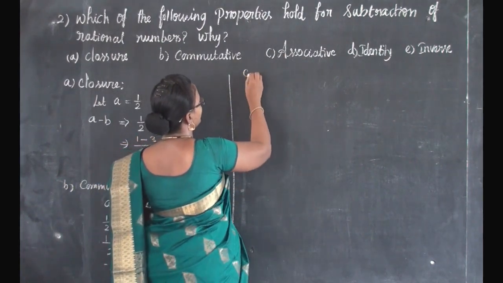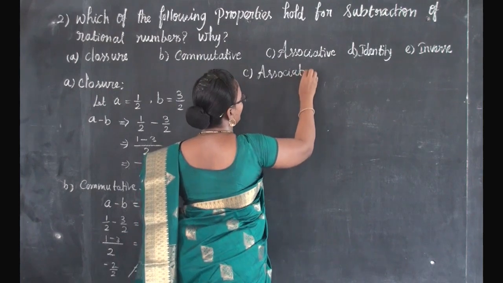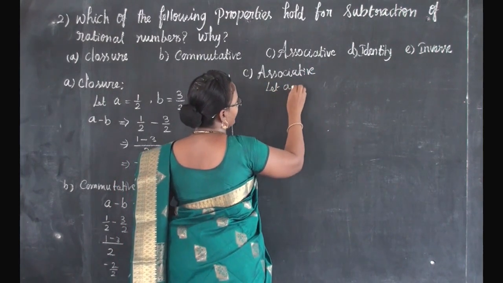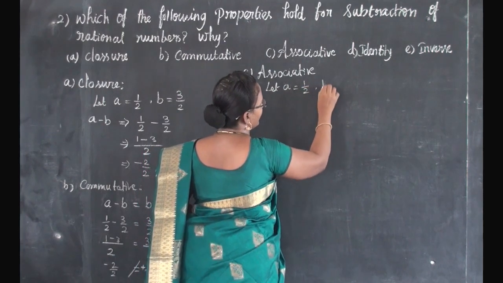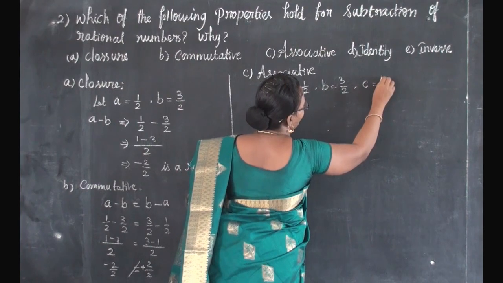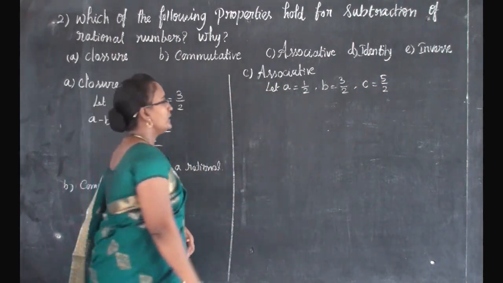So third one, associative property. Let A equal to 1/2, B equal to 3/2 and C equal to 5/2. What is associative property?